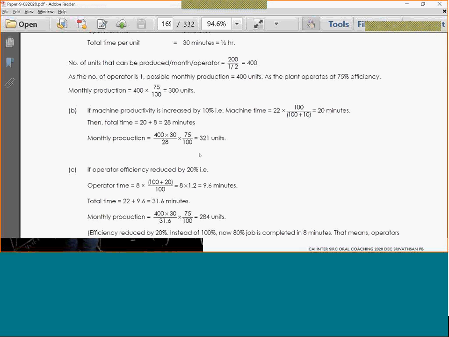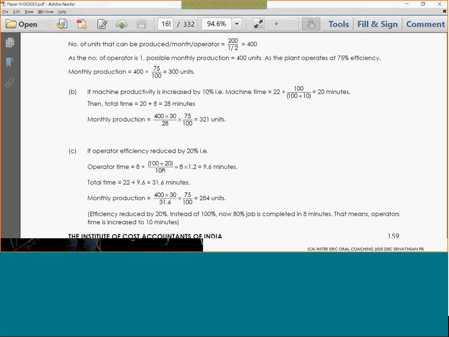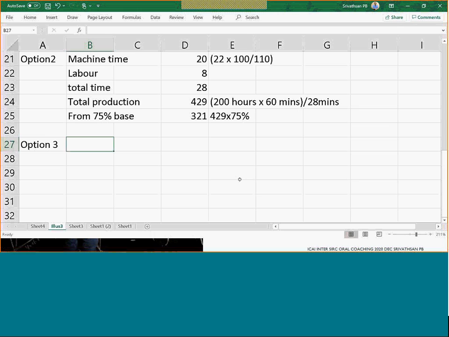Then 3, from levels you are changing the labor time by 20%. It's not changing. 20 divided by 100 or 120%.